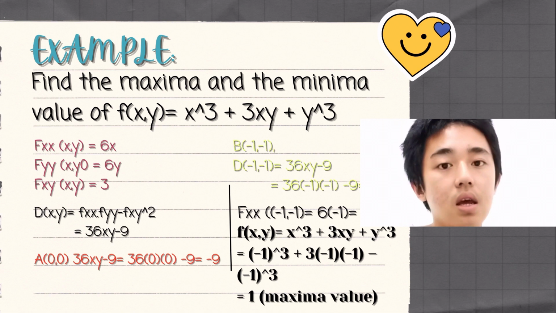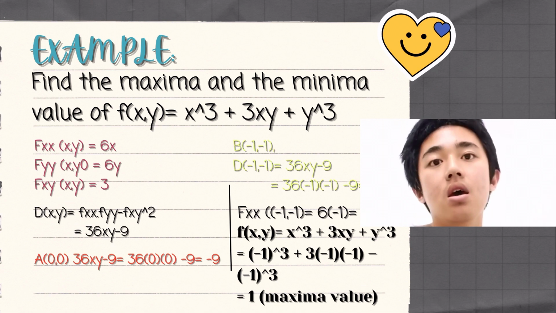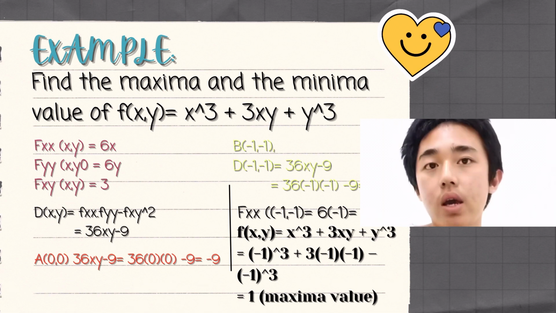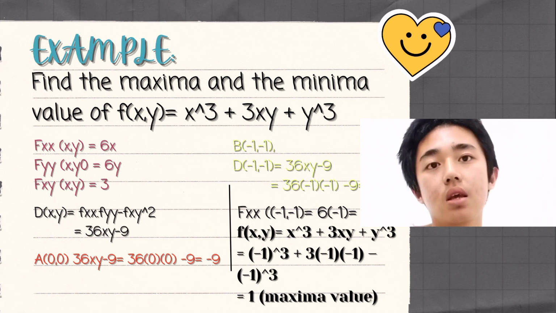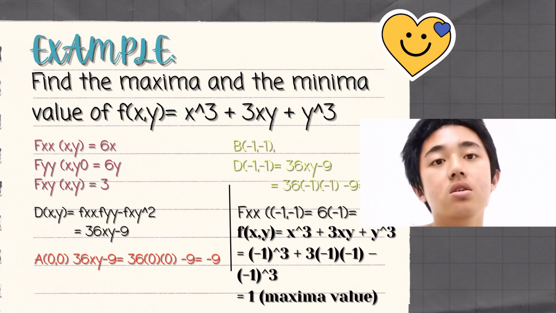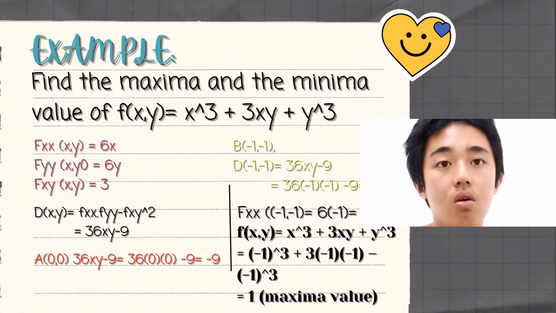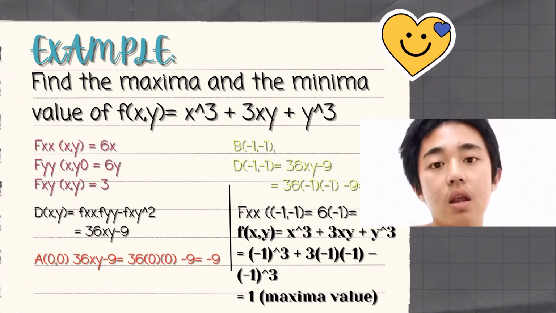On the first coordinate, that is a, x is 0 and y is 0, so we input that into 36xy minus 9. So 36 times 0 equals 0, and what's left is negative 9.